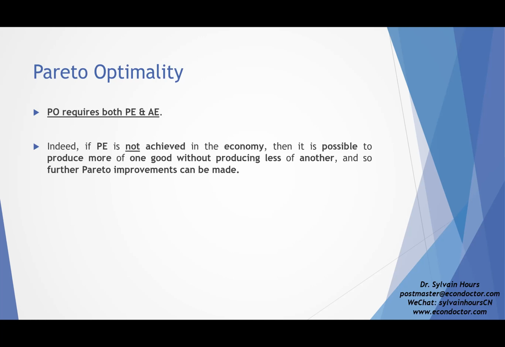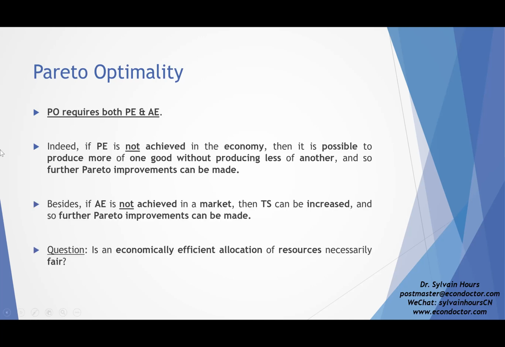And same thing, if you increase total surplus, to simplify, you could give the additional total surplus to someone. So you would make someone better off without making anyone else worse off. And therefore, this is a Pareto improvement. So your initial situation is not Pareto efficient or Pareto optimal. That's the intuition that you can give them for them to remember, to understand why you need to have productive and allocative efficiency if you want to achieve Pareto optimality.